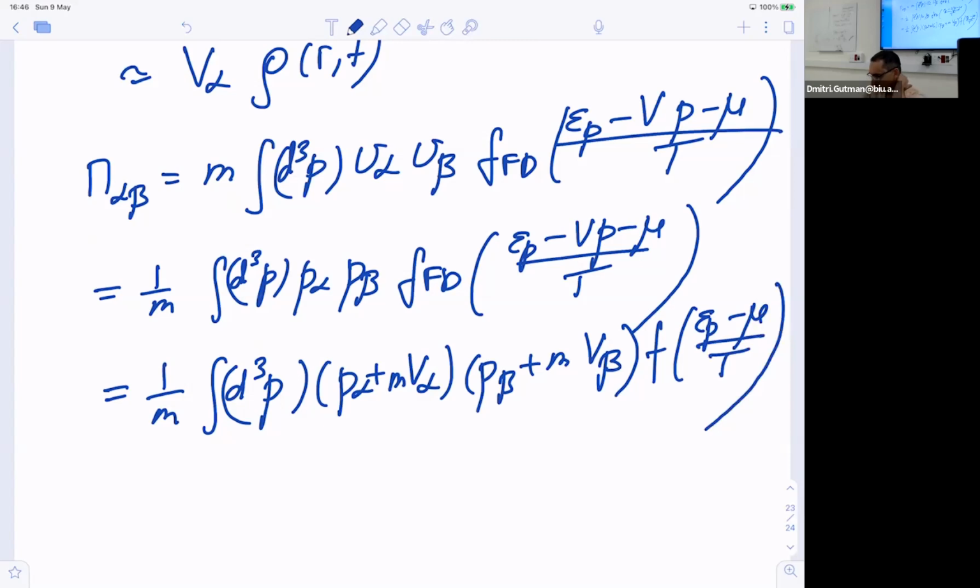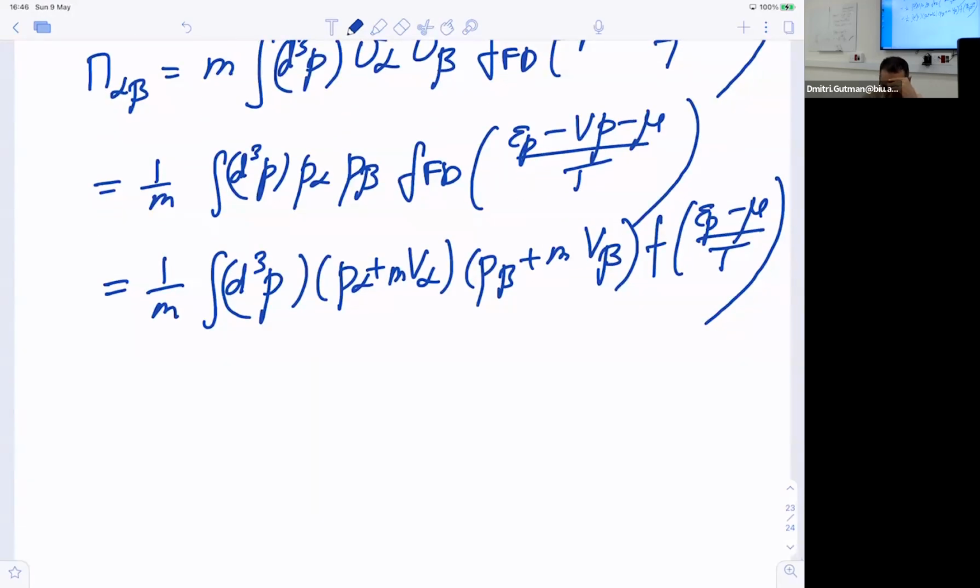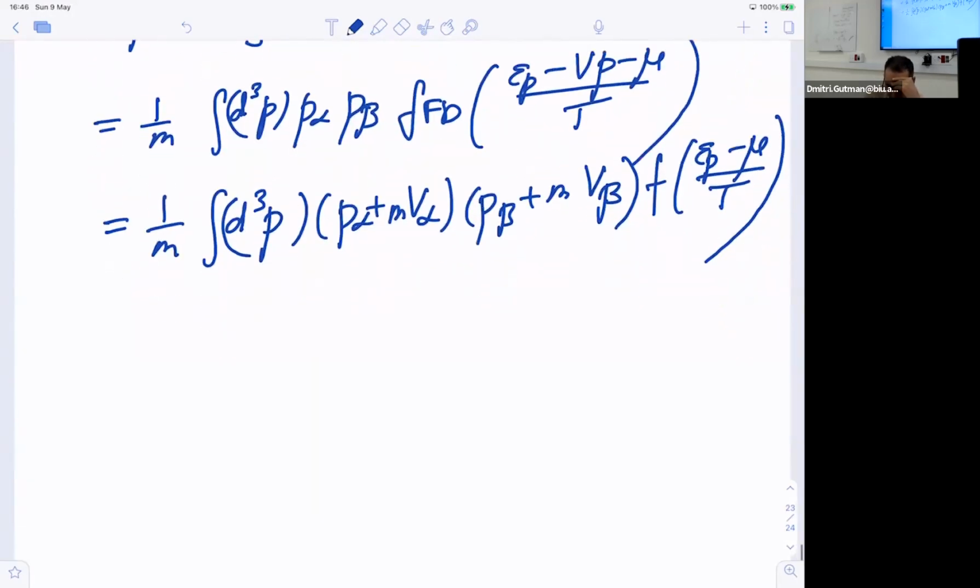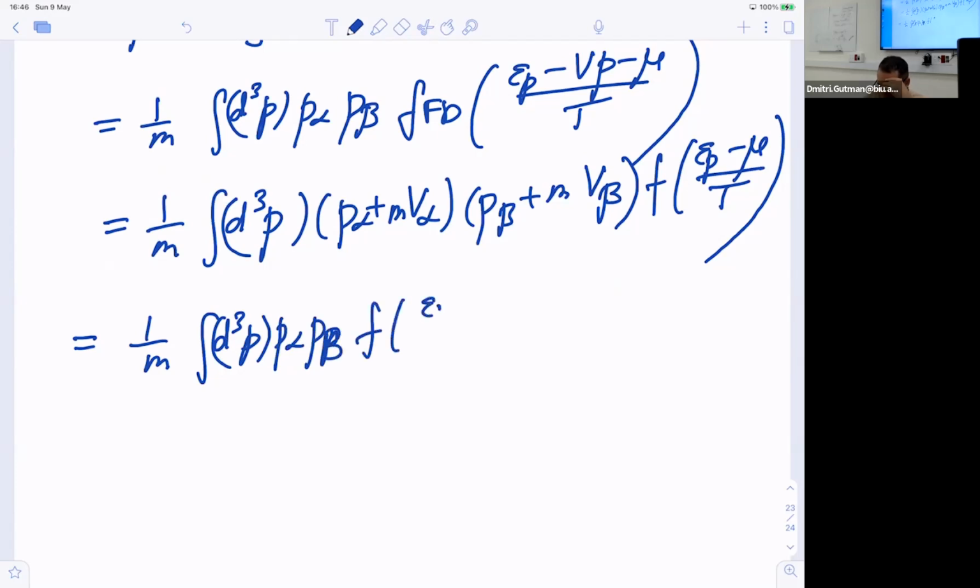I'm ignoring terms that are of the order of v squared in the distribution function. And I am getting 1 over m integral d3p p alpha p beta F of epsilon p minus nu over temperature plus v alpha v beta times rho.